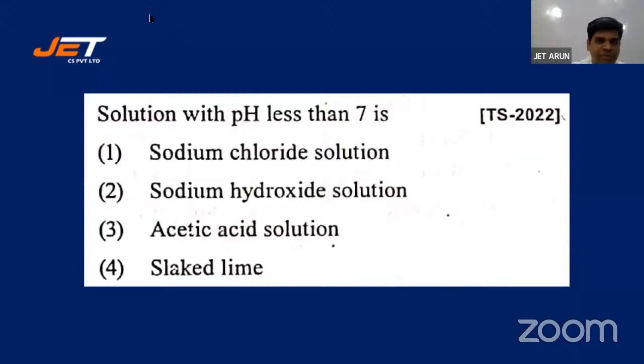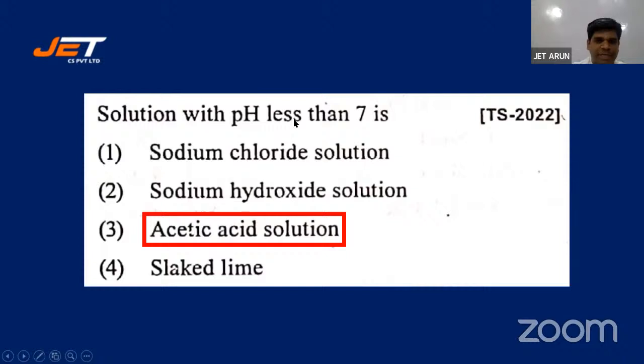Mention it as 1, 2, 3, 4. Instead of typing the whole answer, please mention it as 1, 2, 3, 4. All right. It's acetic acid solution. Obviously, right? Sodium chloride solution is a neutral solution. Sodium hydroxide is basic. Acetic acid obviously is an acid which is having pH value less than 7.